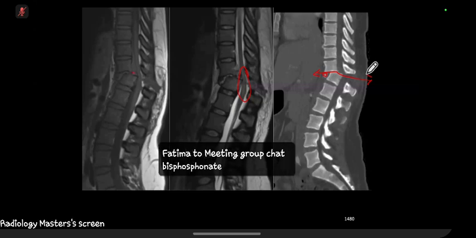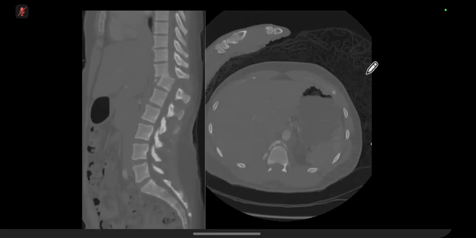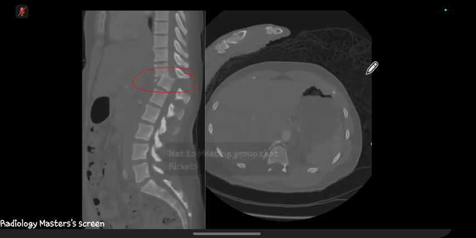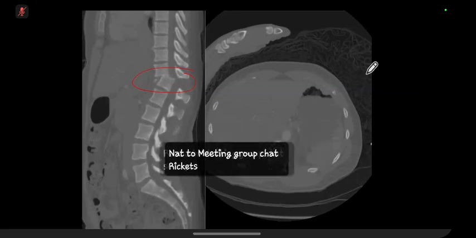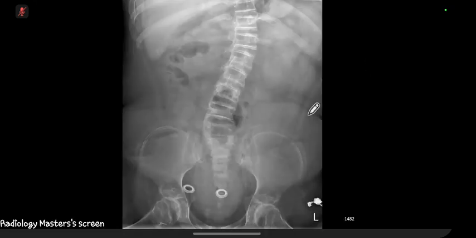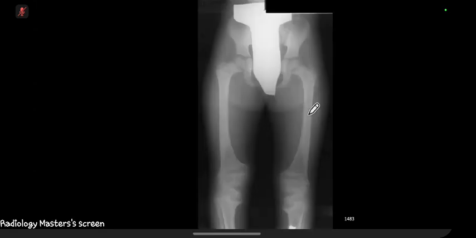Okay, what's the diagnosis here in this patient who is about 4 years of age? Yeah, it's rickets. And so what we've got here is this ill-defined cortex just here.